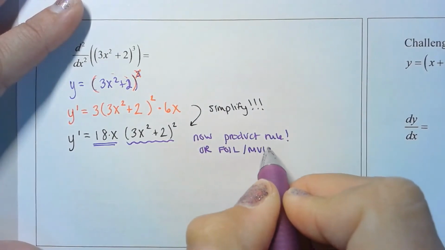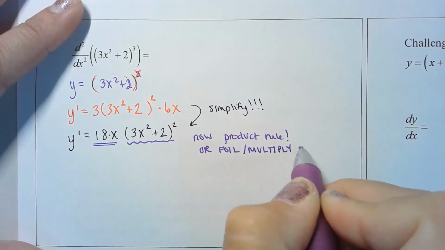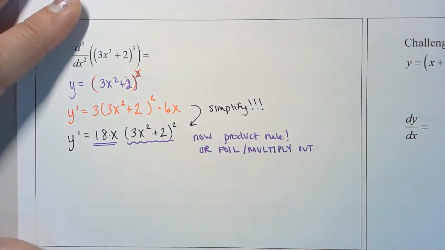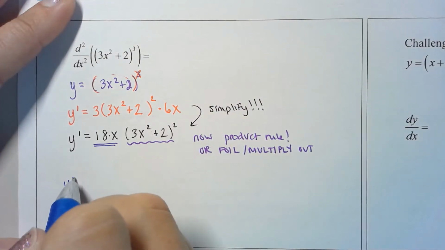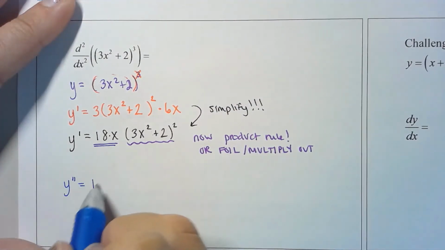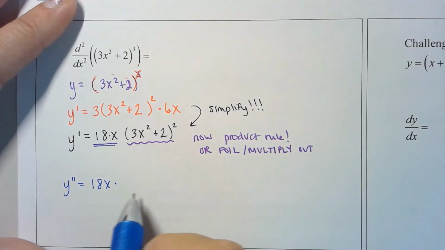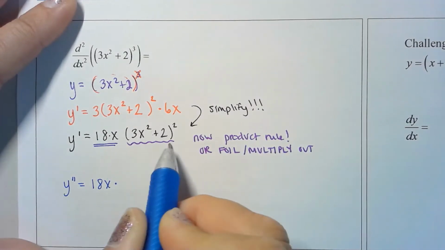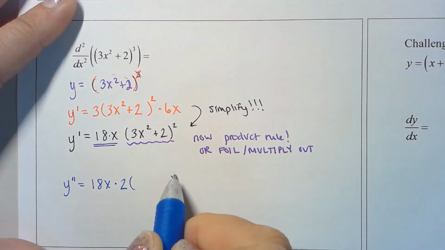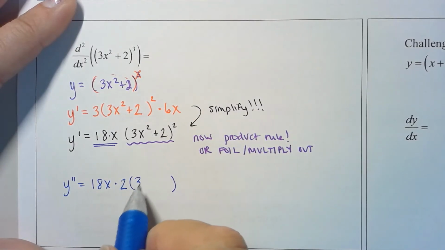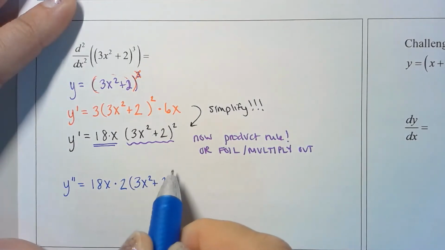FOIL and multiply out. That's your choice. I think the product rule is going to be a bit faster. All right, so y double prime equals, I've got the first, which is 18x. Then I need to take the derivative of the second, which is a chain rule. So the 2 comes down in front, subtract 1 from the exponent. The inside stays the same.